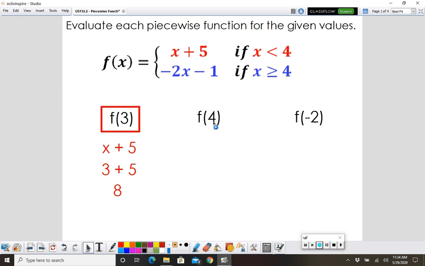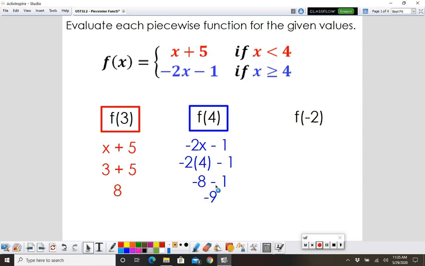So now let's look at f of 4. If I plug it in here, it says 4 is less than 4. That's not true. If I plug it in here, it says 4 is greater than or equal to 4. Well, it is equal to 4, so we're going to use this blue equation, negative 2x minus 1. Again, I start by writing that down, then plug the value in for x. Negative 2 times 4 gives me negative 8.